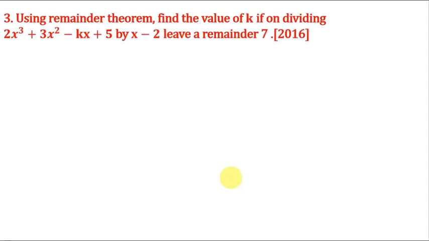Now next, using the remainder theorem, find the value of k if 2x cube plus 3x square minus kx plus 5 divided by x minus 2 leaves a remainder 7.